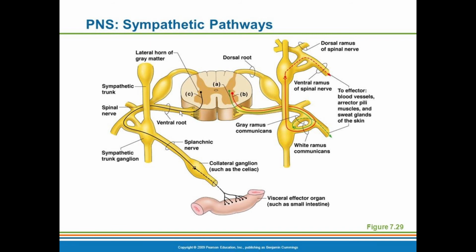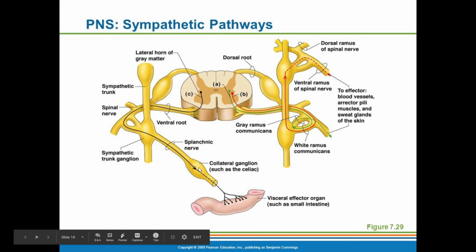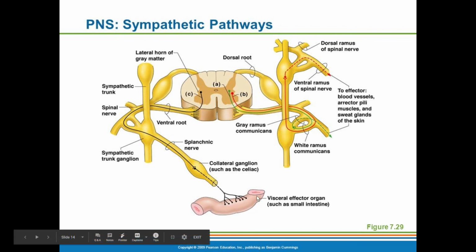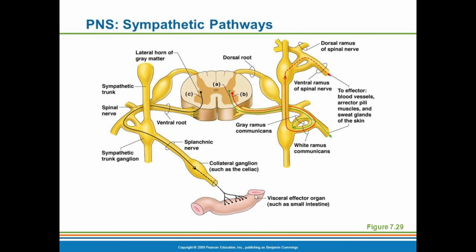It would go out through the spinal nerve to a ganglion right there that would be located closer to a target organ. And so that postganglionic axon would then trigger the target organ, in this case the small intestine, to inhibit digestion, because that's not what's important right now if your life is in danger.